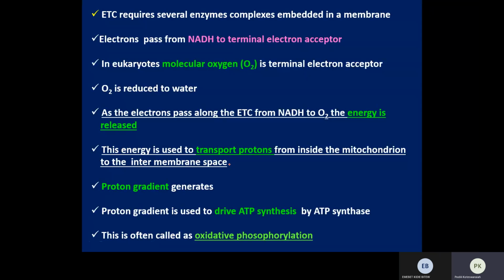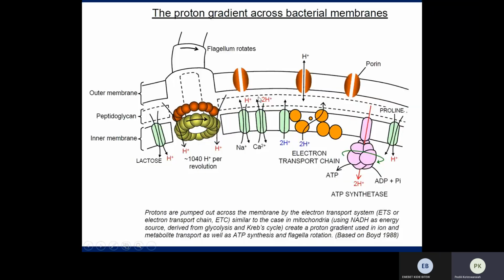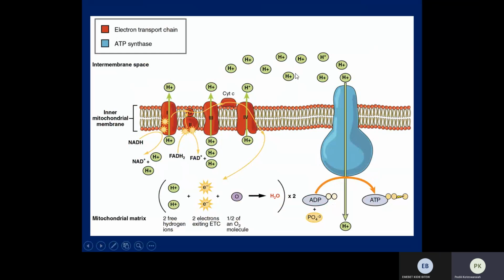As I already said, when NADH donates its electron to the terminal electron acceptor, molecular oxygen, the oxygen is reduced to water and a proton gradient is generated. This proton gradient in turn drives ATP synthesis by ATP synthase, which is also known as oxidative phosphorylation. So once again, remember that the proton gradient is generated during the electron transport chain.